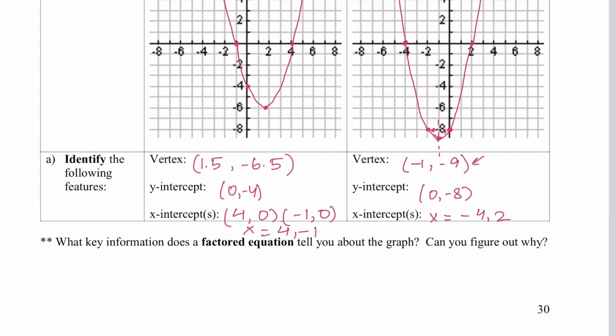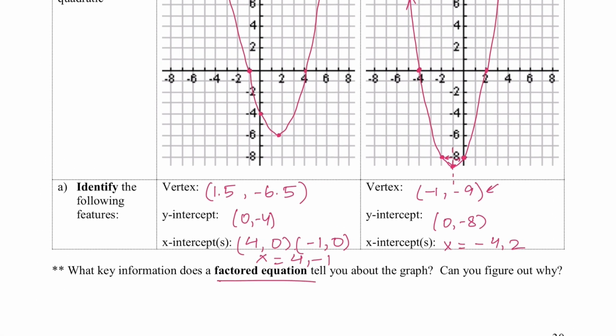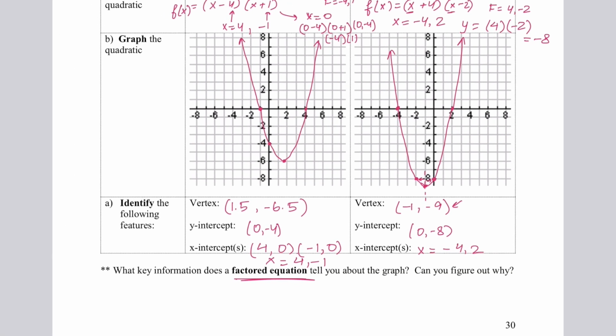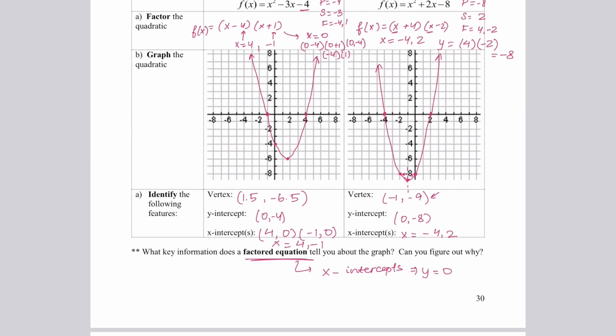Okay, so in the factored form, we have a shortcut again. The shortcut here is to find out your x-intercepts, because y is equal to 0, right? That means if I zoom into what happened here, I equated f of x, which is your y, equal to 0, equal to x minus 4 times x plus 1.